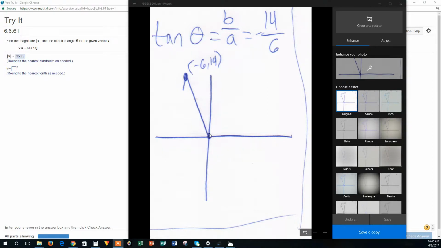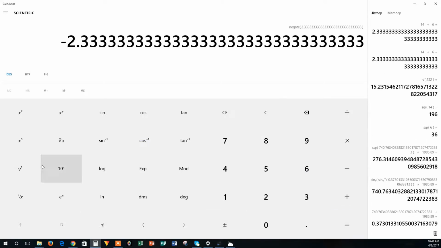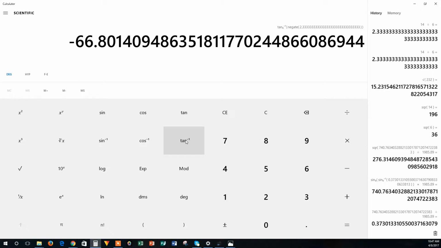We're going to assume we're starting from the origin, 0, 0, and ending at the point negative 6, 14. We found the magnitude already, 15.23. Now I'll find the direction using the inverse tangent on the calculator. I put in 14 divided by 6, turn that negative, and find the inverse tangent. I'm getting negative 66.8.